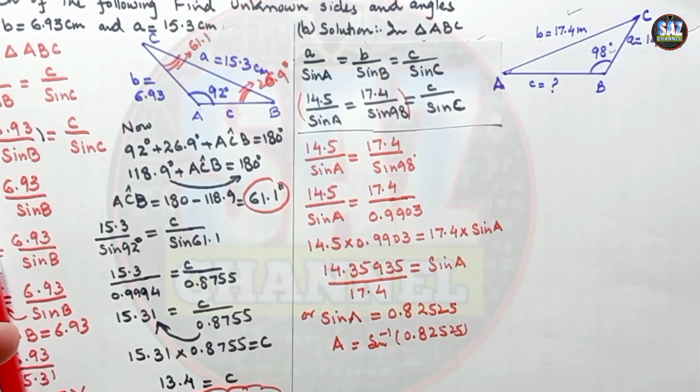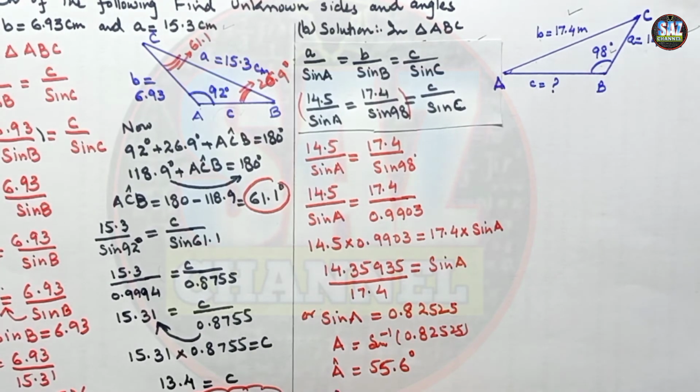Sine inverse of 0.82525 equals 55.61. So angle A will be equal to 55.61, so 55.6 degrees. I hope you are clear how we are finding the value of angle A.